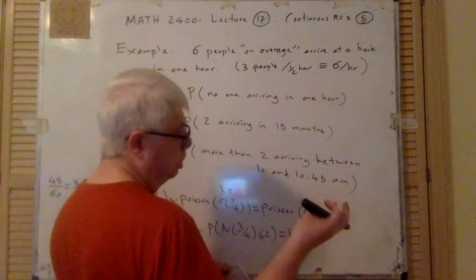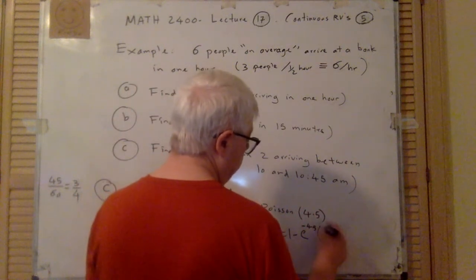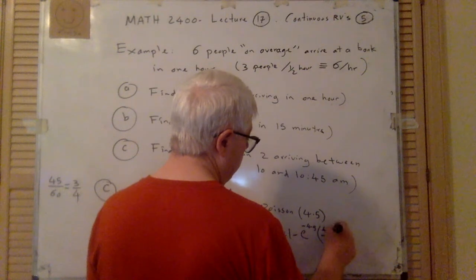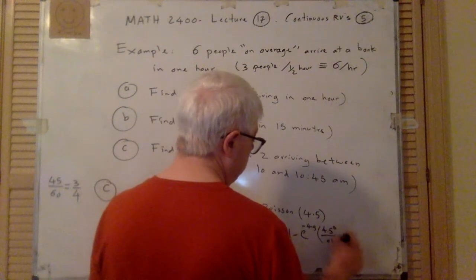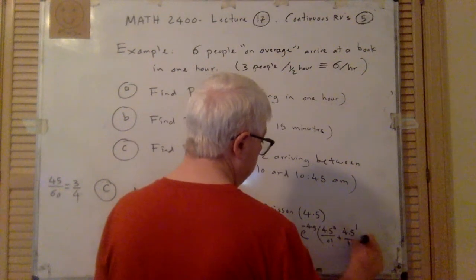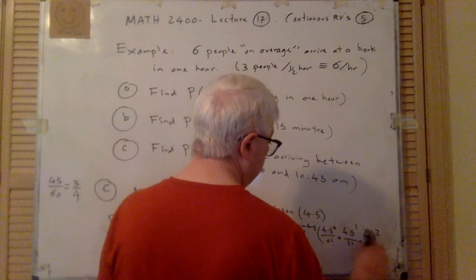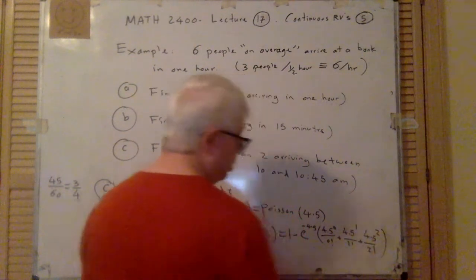Then this is 0, 1, 2. 0 will be 4.5 to the power 0 over 0 factorial, 4.5 to the power 1 over 1 factorial, 4.5 to the power 2 over 2 factorial.